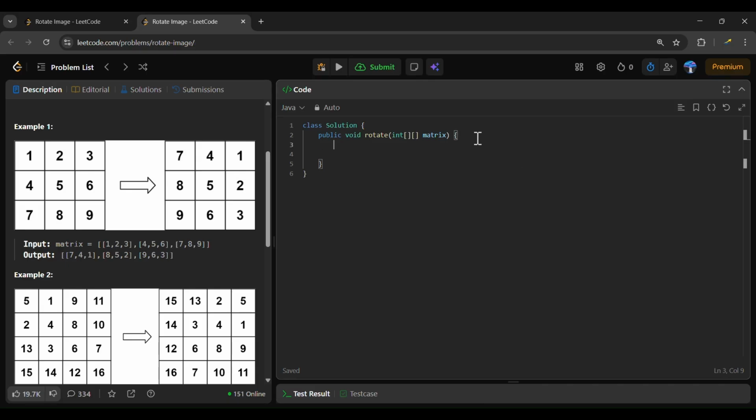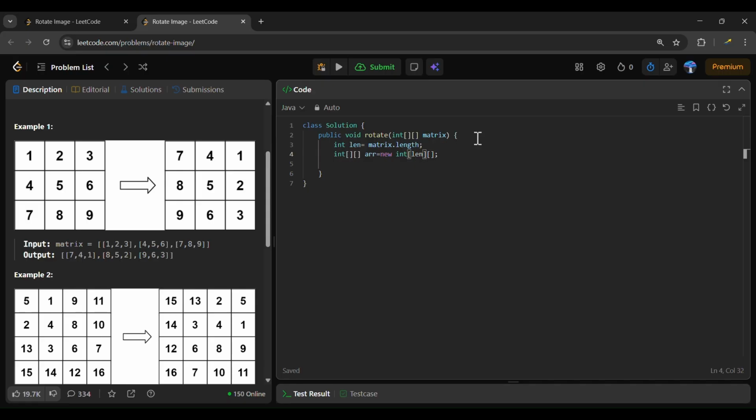Initially we need to declare an array. For simplicity I am taking int length equals matrix dot length. It will return the number of columns or the length of the matrix, anything is the same, right?